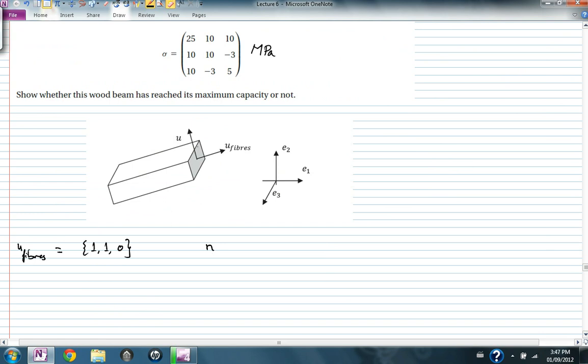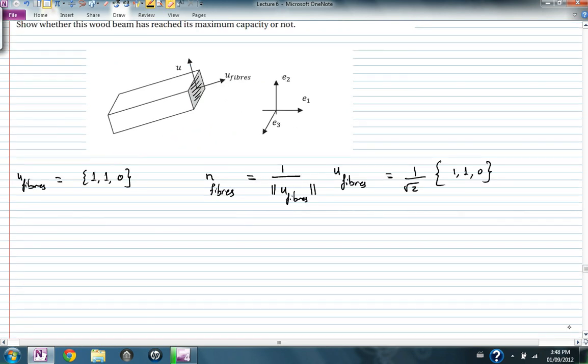So this is U fibers, this is the plane. So N, the normal to the plane, is equal to the unit normal, so 1 divided by norm U, multiplied by U fibers, which is basically 1 divided by root 2, 1, 1, 0. So this is the unit normal vector.